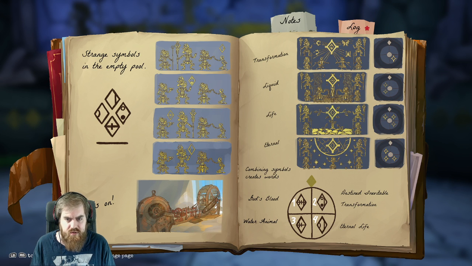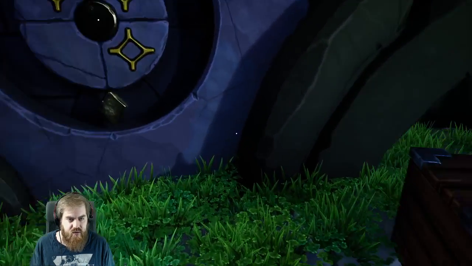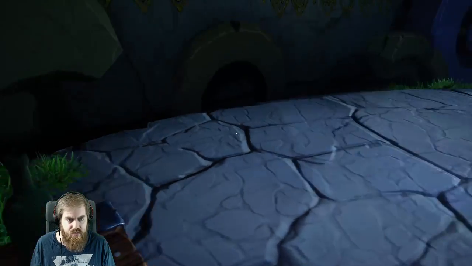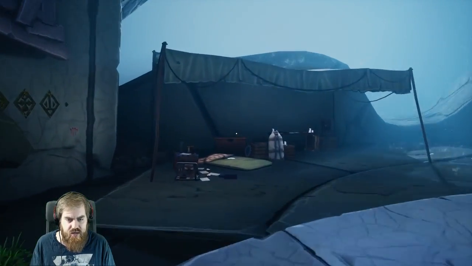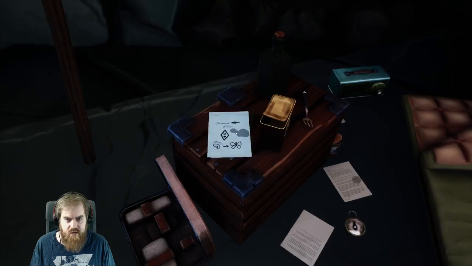Man, I'm stumped. Combining symbols create words. That's all well and good. There's nothing that explains how the dials work properly. Like, from all these notes, they don't really explain anything.